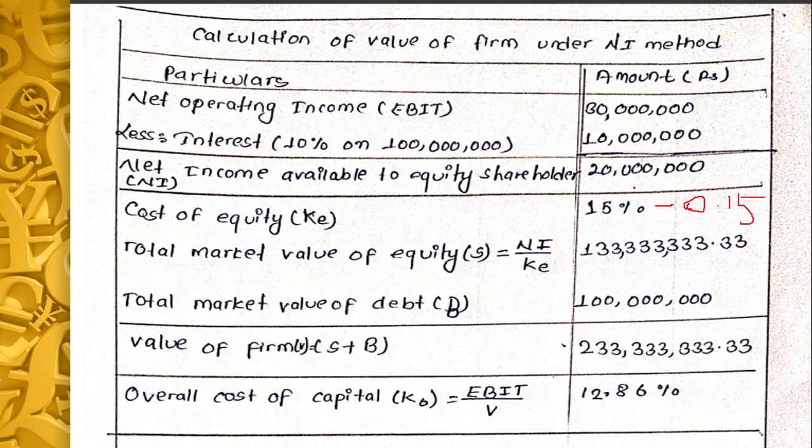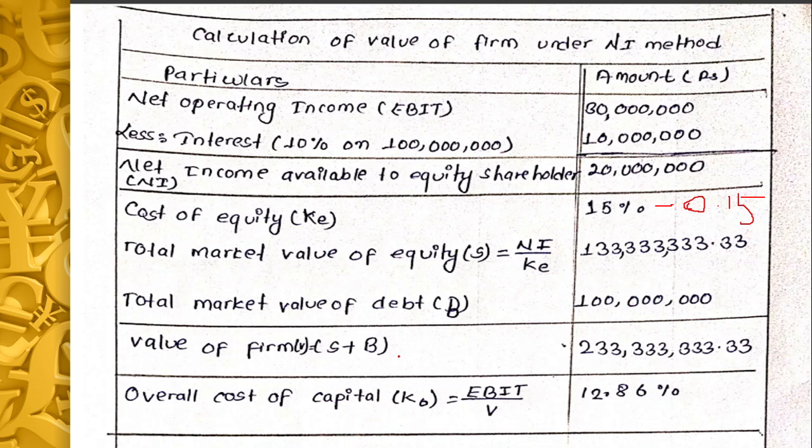So 20 million divided by 0.15 stands at 133 million, 333,333.33 rupees. So the total market value of debt has been given directly. It stands at 100 million.